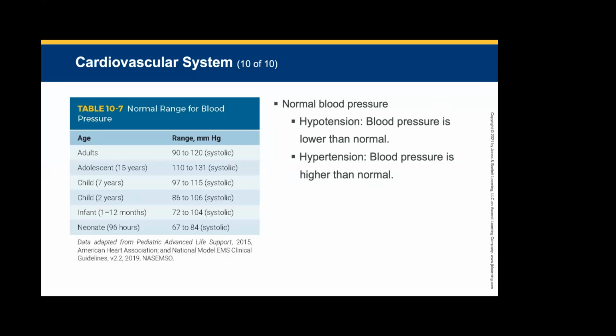Table 10.7 is the chart that will help you with the different ranges. I have never in the field checked the blood pressure on anything below 2 years of age. I don't even know if they still recommend that, because I've never worked on a truck with a cuff smaller than that.